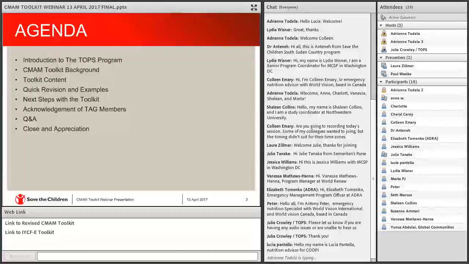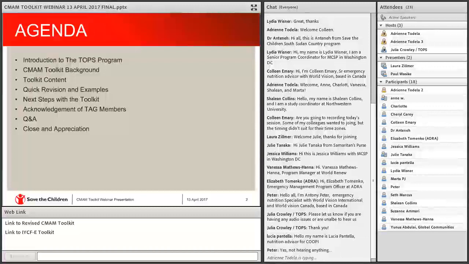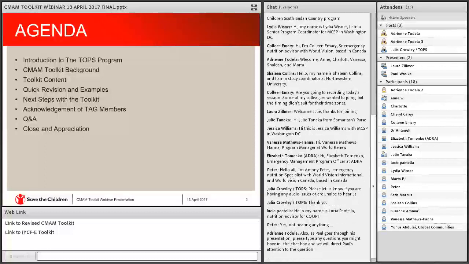So today I'll take you back to Julia to introduce the TOPS program, which is hosting this webinar, but also supported the revision exercise for the toolkit. Then we've seen from the initial feedback a number of colleagues have not used the toolkit in the past, so we'll go through a brief background of the toolkit, and then I'll take you through the actual content of the toolkit, and then look briefly into the revision, what has been revised.